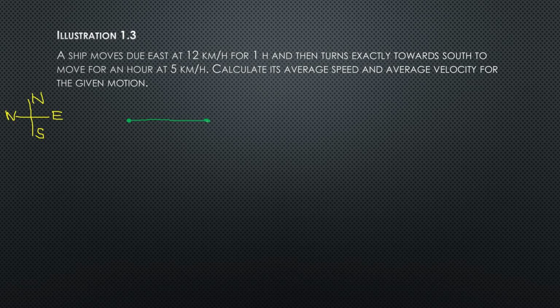South is going down, for another 1 hour at 5 kilometers an hour. So let's say this is its initial position, the second position after traveling an hour, and the final position due south after another hour.